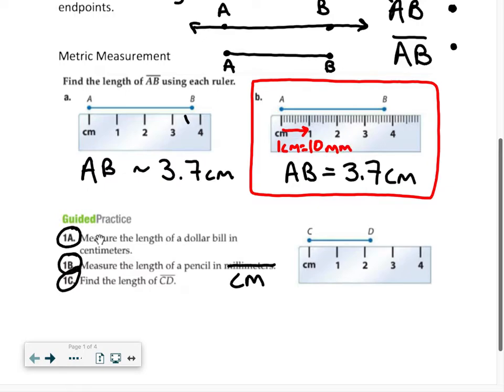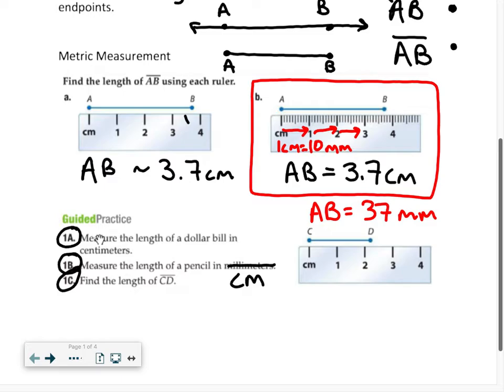If I go to 2 centimeters, that of course is 20 millimeters. 3 centimeters is 30 millimeters. So if we thought about AB in millimeters, we had 3.7, so we had 30 millimeters, and then 1, 2, 3, 4, 5, 6, 7. So 37 millimeters.